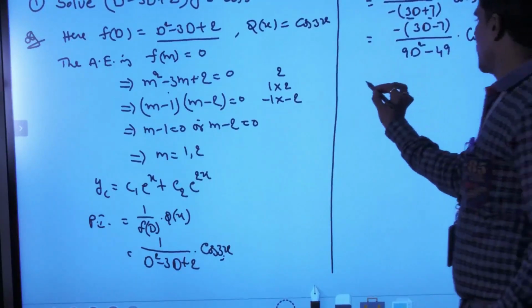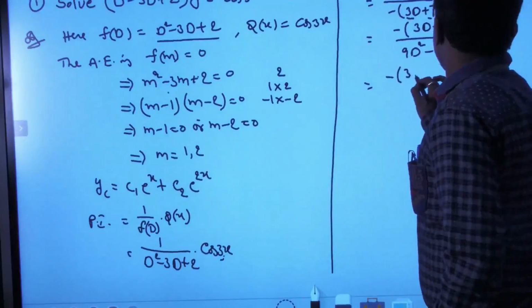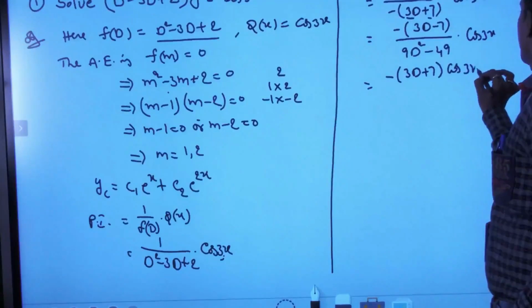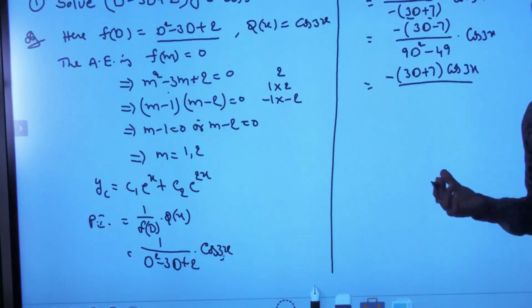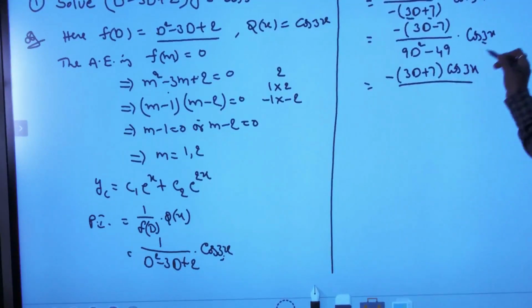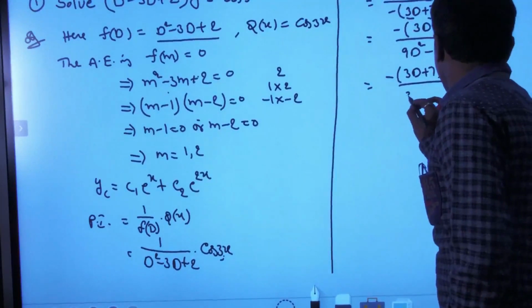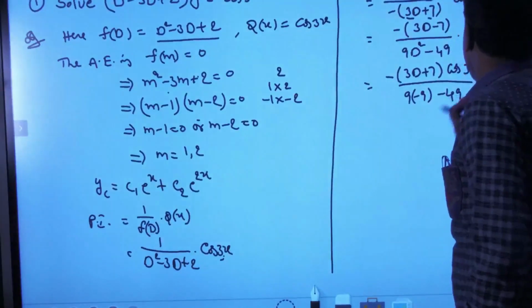Now here we have minus of 3d plus 7 into cos 3x. Again in the denominator we have d square; replace d square with minus a square. What is a here? 3. So we get 9 into minus 9 minus 49.